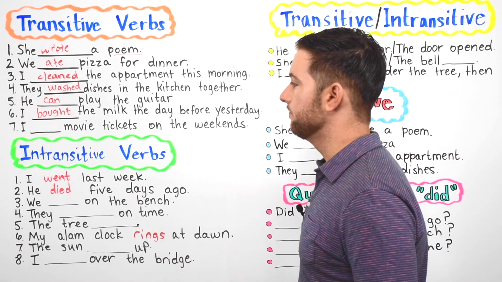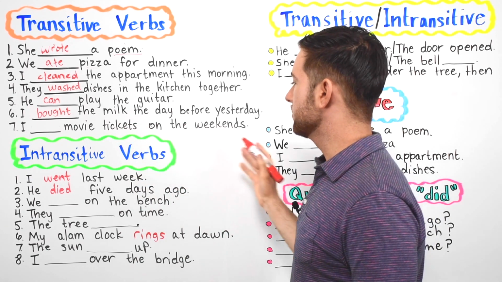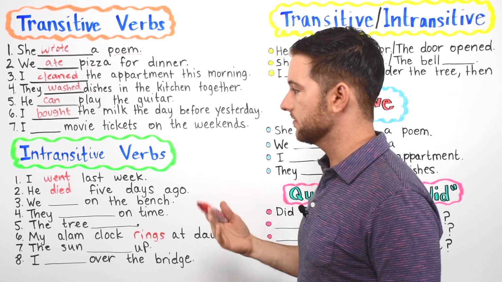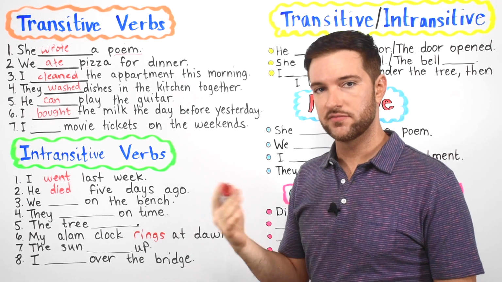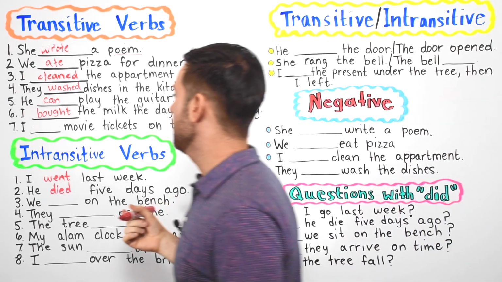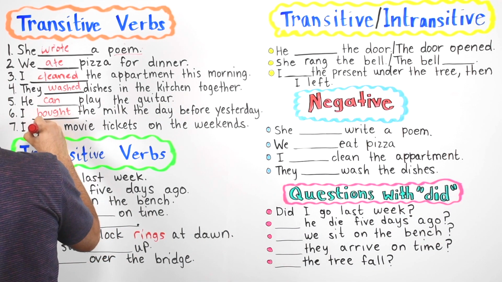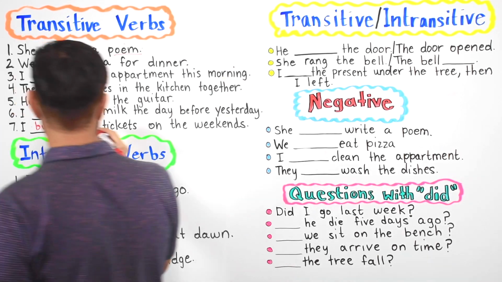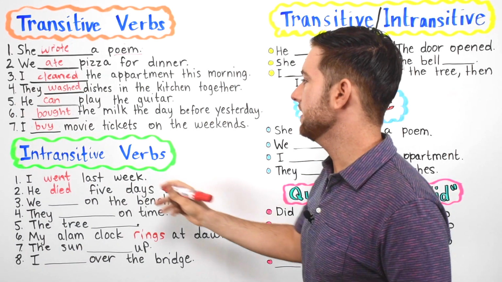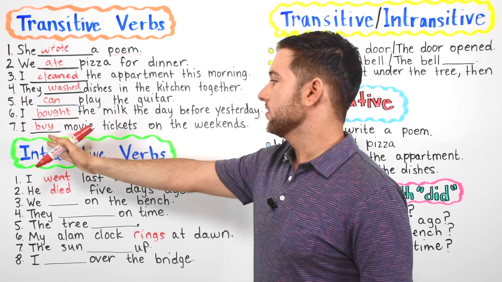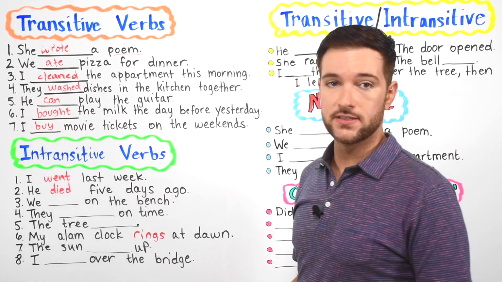Finally, number 7. I blank movie tickets on the weekends. So you're talking about something like a routine you do every weekend maybe. I buy movie tickets to go to the cinema, right? I buy movie tickets on the weekends. Now, buy is the verb, and what are you buying? Movie tickets.